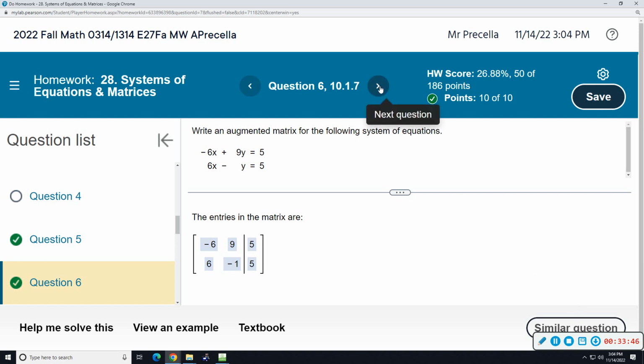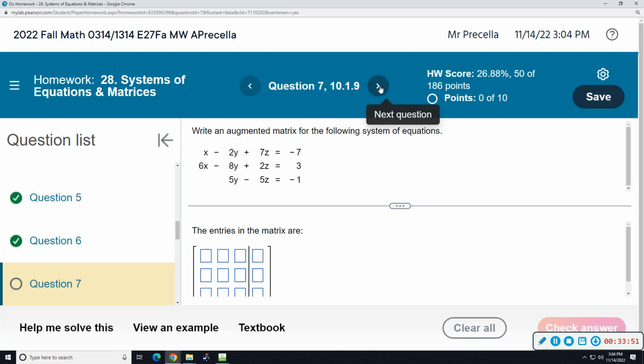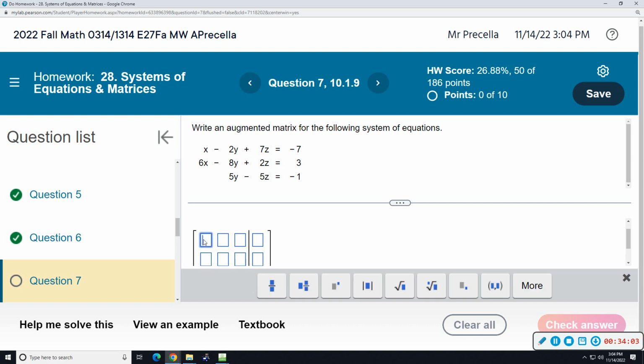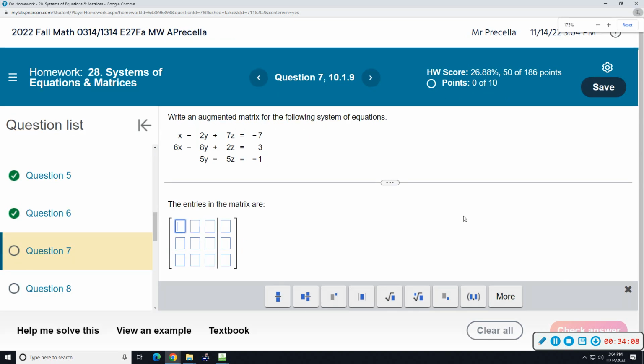Here's another one. This is an even bigger one. It says, write an augmented matrix for the following system of equations. I want to call out the numbers I'm going to type in, starting right there. I'm going to make it even smaller.